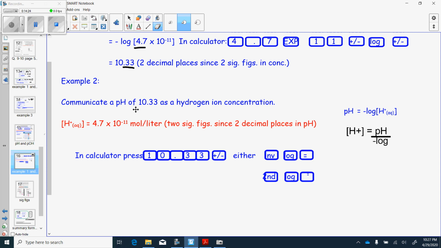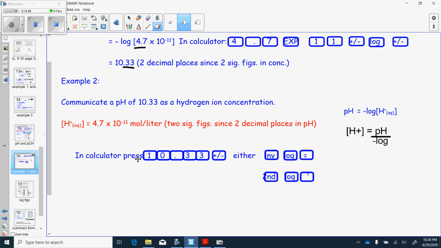So on my calculator, I would put in negative 10.33 second function log, and I should be getting this value right here. Okay, try it on your calculator. So 10.33, and I'm going to put my negative in front of that, and I just hit my second function log. I'm getting 4.67, so I rounded up to 4.7.